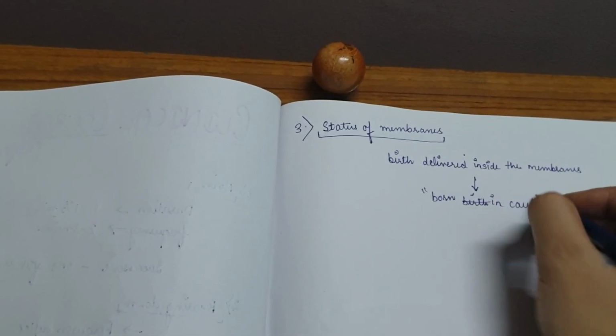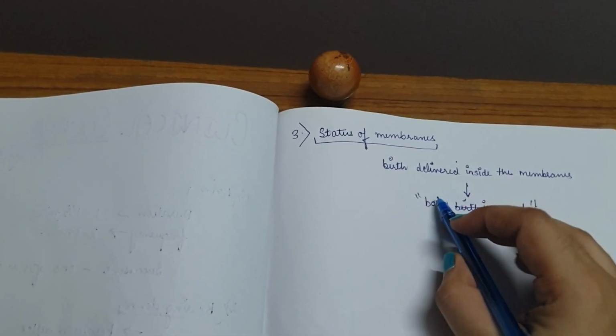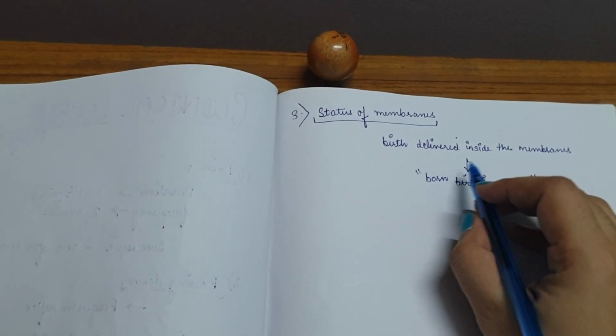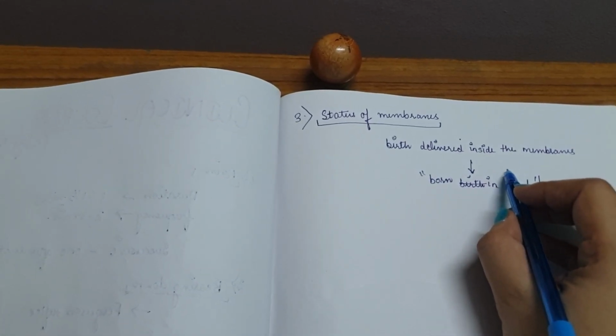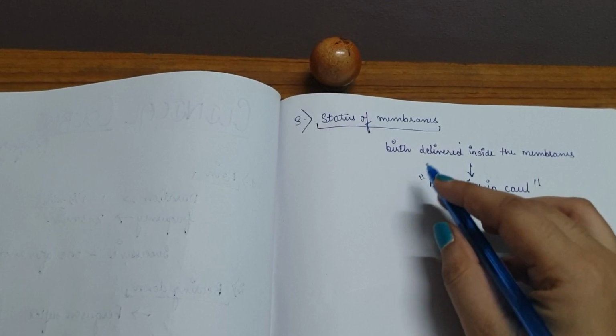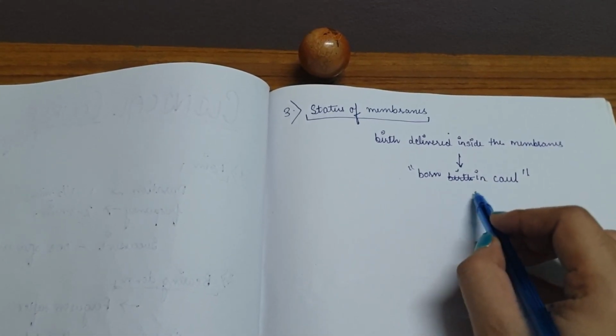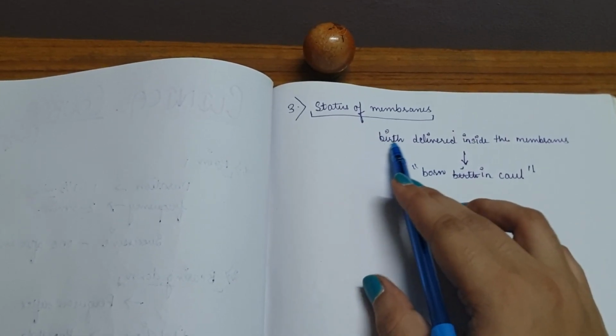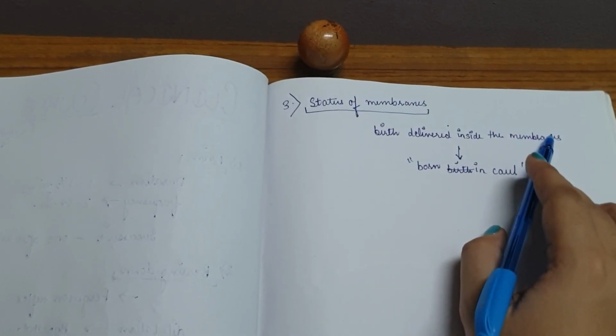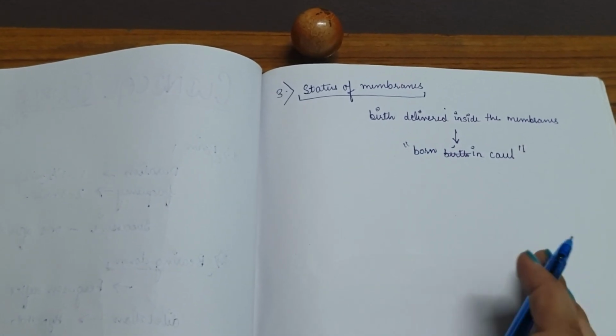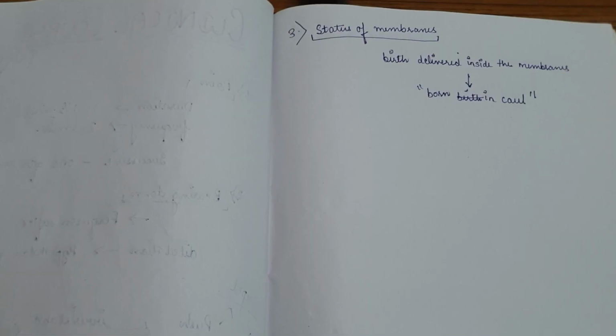In that case, the membranes do not rupture, but the baby is delivered with membranes over the baby. So that is known as born in caul. Normally the membranes rupture when there is full dilatation of the cervix.